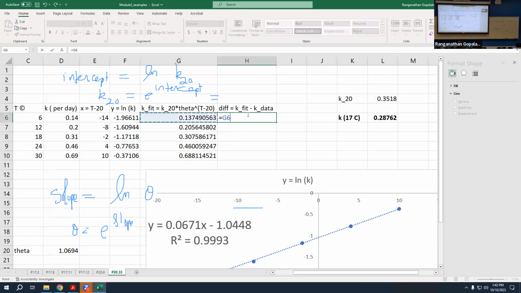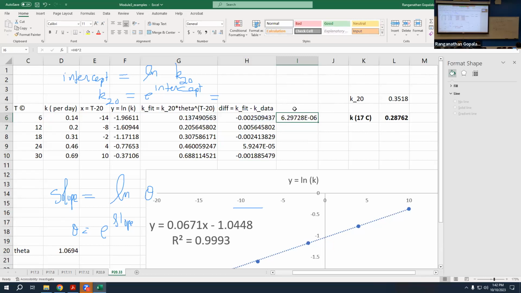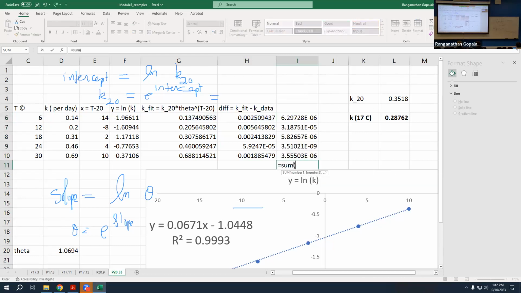So you will compute the difference between the fit minus the real data. And then you will square this, and then you will sum it.